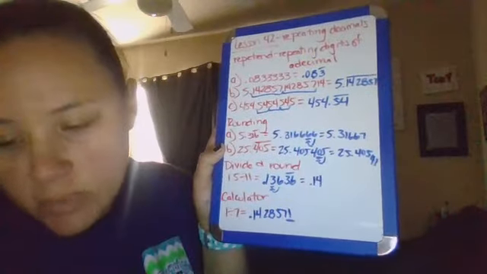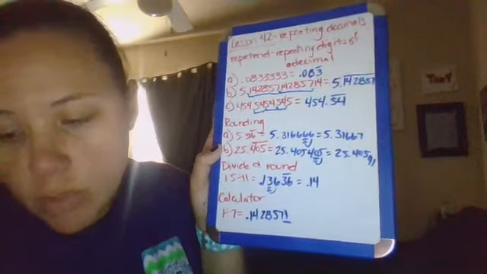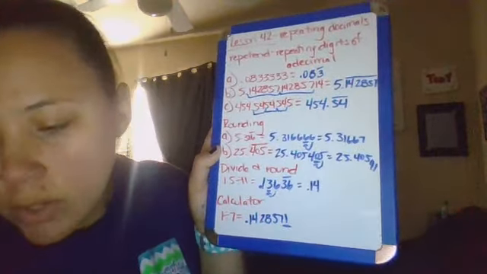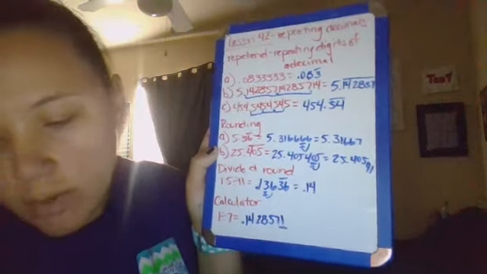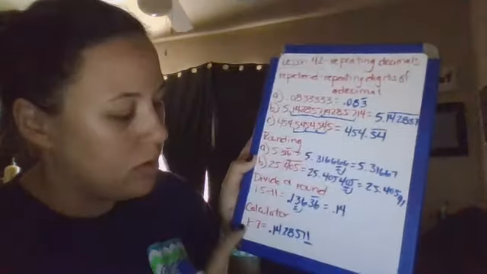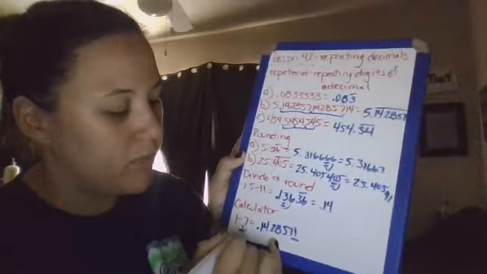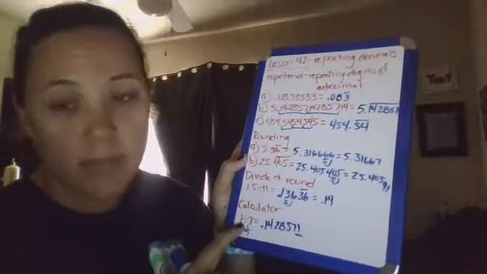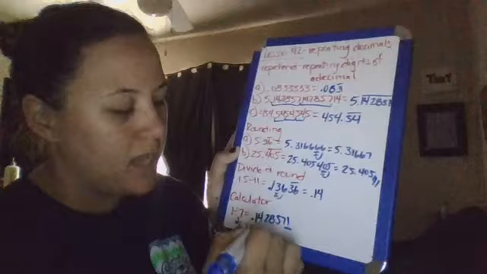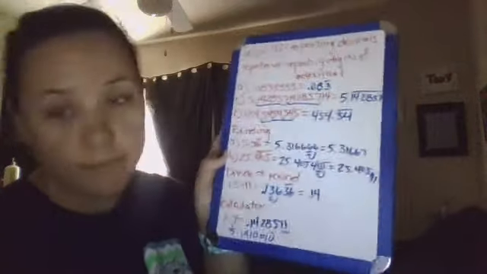So in that case, what we would need to do is multiply our numerator by 10. So if this was a fraction 1/7, we're going to multiply our numerator by 10. So 1 times 10 equals 10.